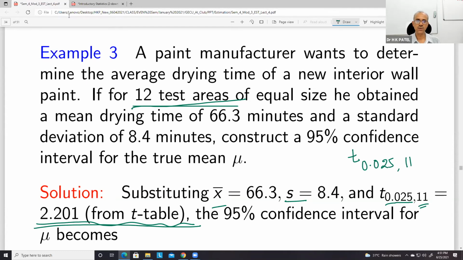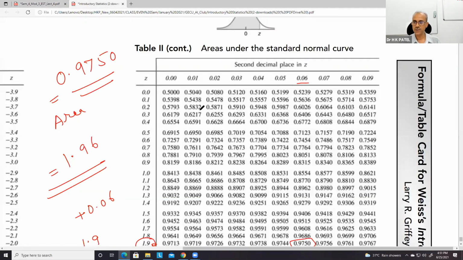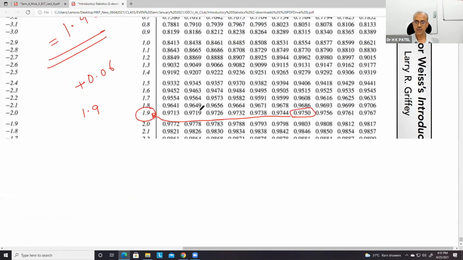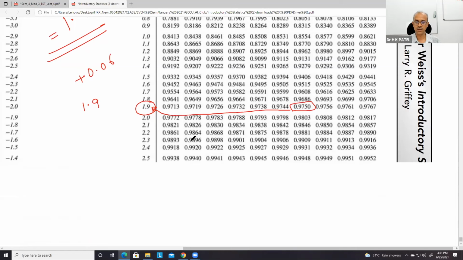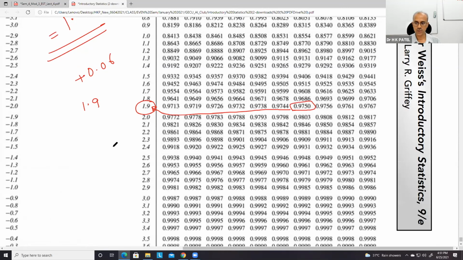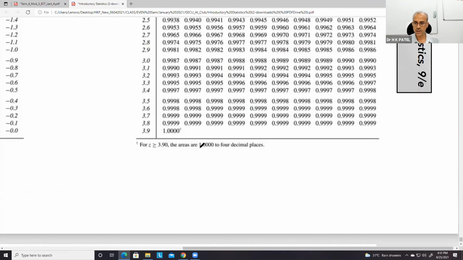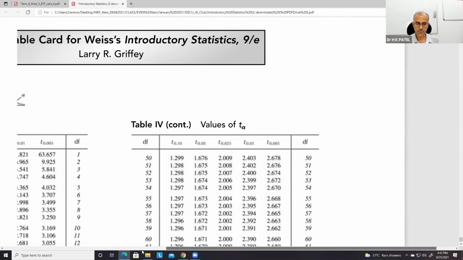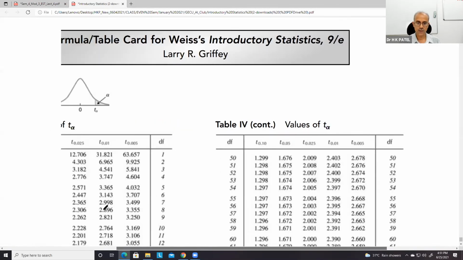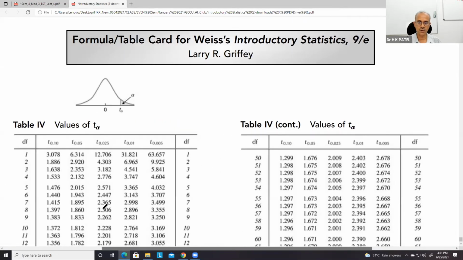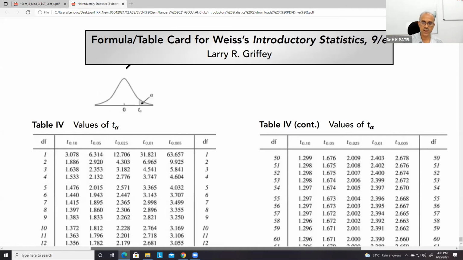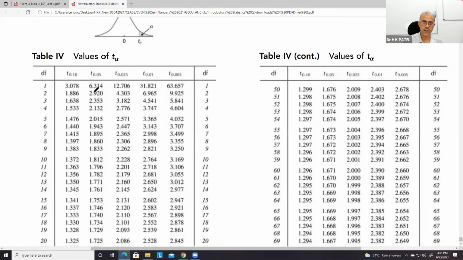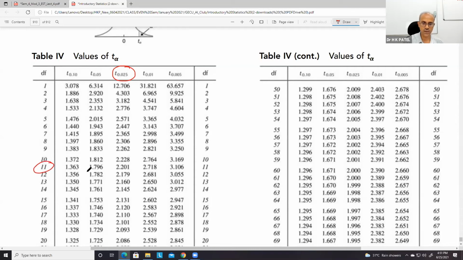So the table that we have seen here, this is the normal, and here t alpha, you can see that the degree of freedom is there, and then t 0.025 is there. So this table we can use. This is our t 0.025, and the degree of freedom is 11 here.